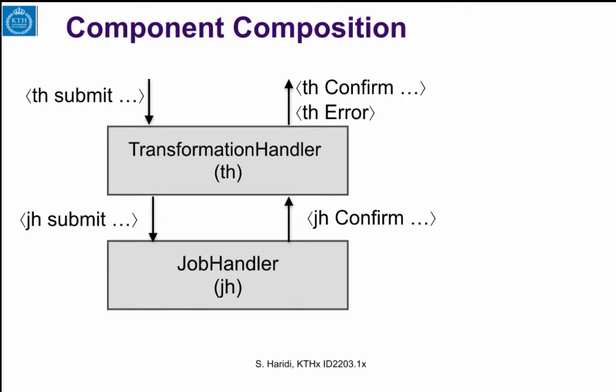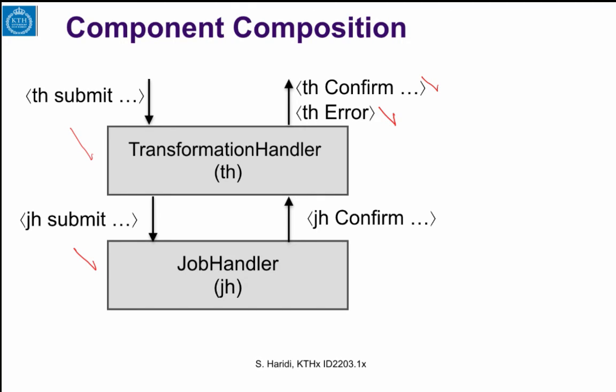So here is our component that we've just described. We can think of another component here called transformation handler. The transformation handler accepts a submit event, but it can produce either a confirmation that the job has been or eventually will be processed, or it can produce an error. When the transformation handler gets a submit event, it checks the job first, and sees if it can be processed or not.